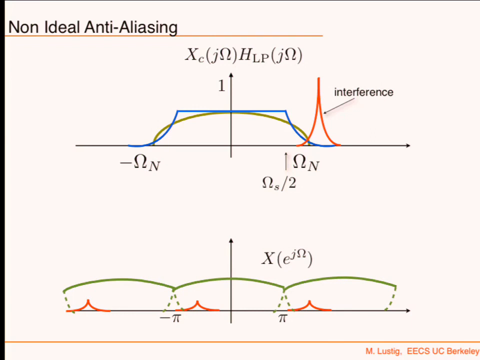Then I mentioned what happens in the non-ideal case. When you do sampling with a non-ideal anti-aliasing filter, I switch back from reconstruction to the sampling part, just because I promised you this demo. If you have a particular signal that is somewhat band-limited, but not really band-limited, we're going to apply an anti-aliasing filter, but the anti-aliasing filter has a roll-off, right?